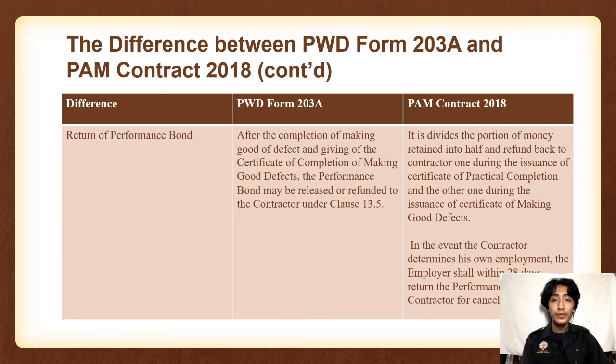For PAM Contract 2018, it divides the portion of money retained into half and refunds it to the contractor, one during the issuance of the certificate of practical completion and the other during the issuance of the certificate of making good defects. In the event the contractor determines his own employment, the employer shall within 28 days return the performance bond to the contractor for cancellation.